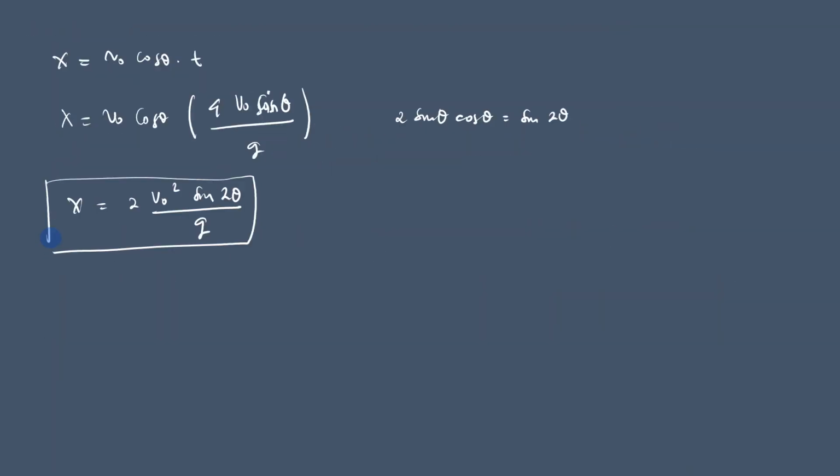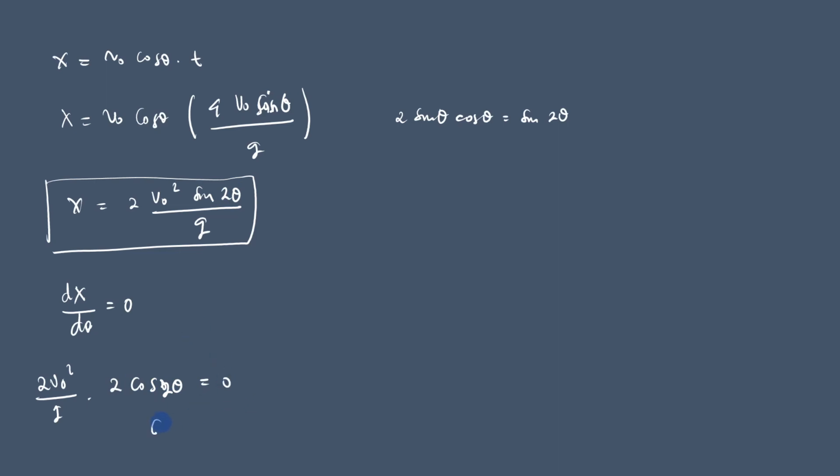Okay, what is the maximum value of x? We can write dx/dθ = 0. This is a constant value, so we can separate it, and we get the derivative of sin 2θ as 2 cos 2θ = 0.